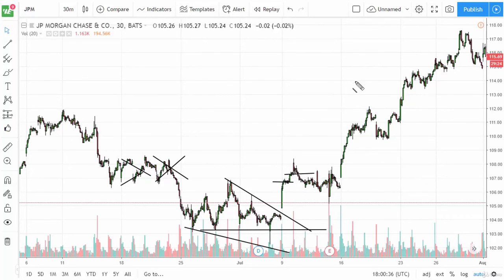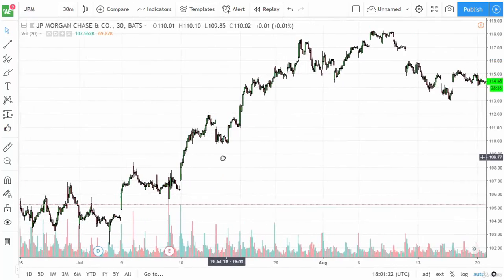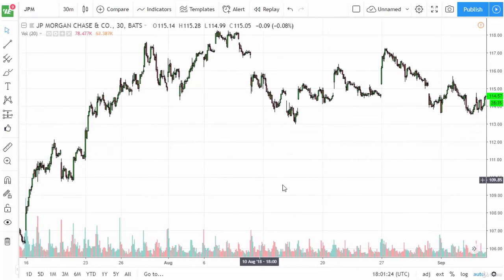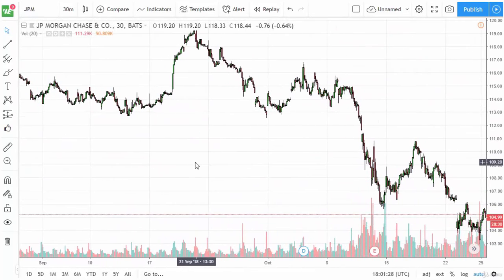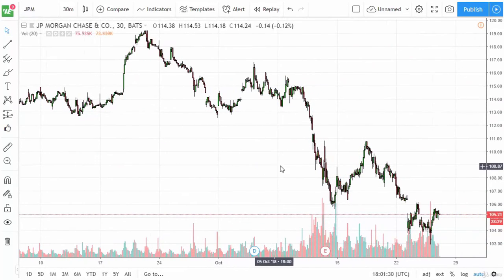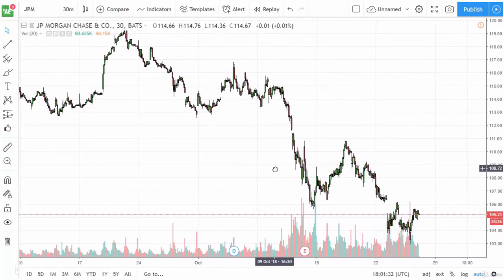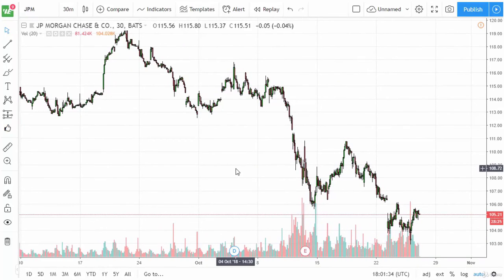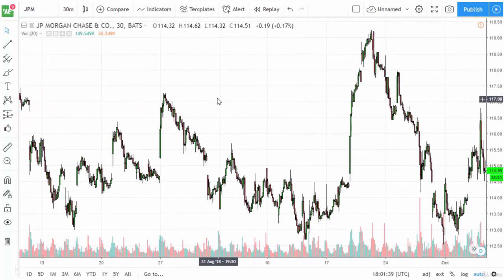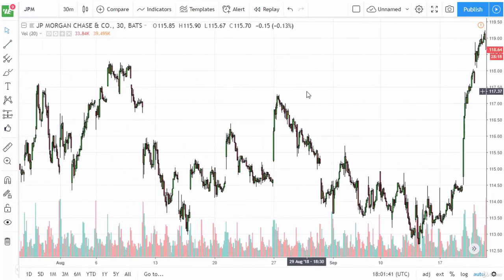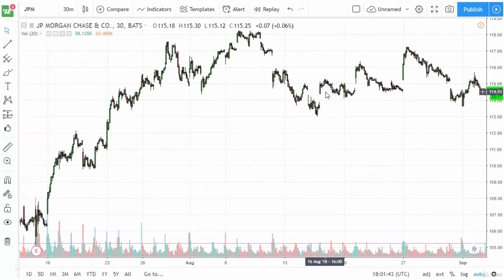But as you can see, the one common theme is it gives you a nice measuring stick. It tells you where the market, quote unquote, should go. And the great thing about that is a lot of traders use this methodology. In fact, there are traders out there who trade nothing but triangles and wedges. So that is a consolidation pattern that is quite common.